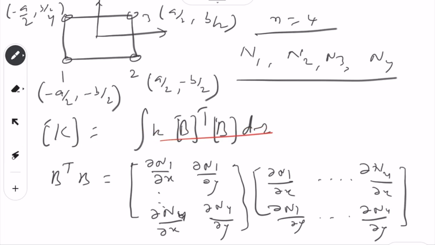So this will be equal to k11, k12, and so on. Sorry, basically this is a different k.